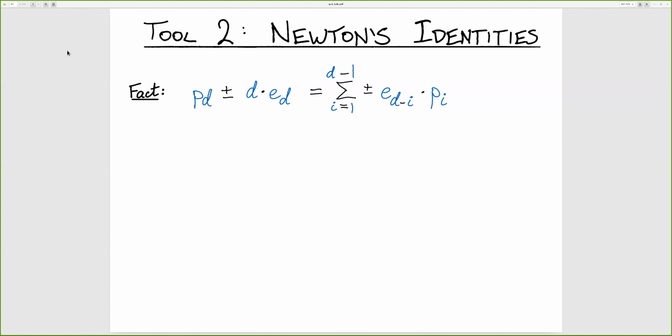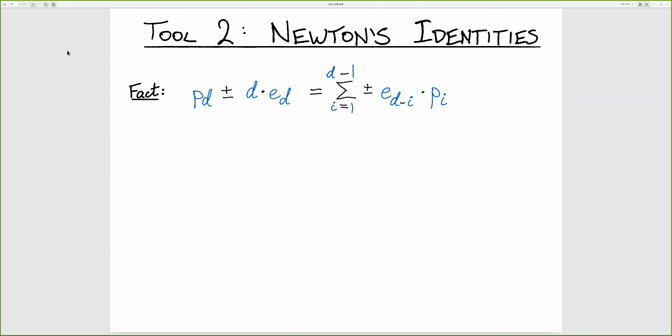You would start with P1. That's really the same as E1. Now you want to write down P2, the degree 2 power sum. If you think of d as 2, you have P2 here, you have E2 in your hand, and then this sum will involve E1 and P1. You also have those in your hand. So now you can write down P2.